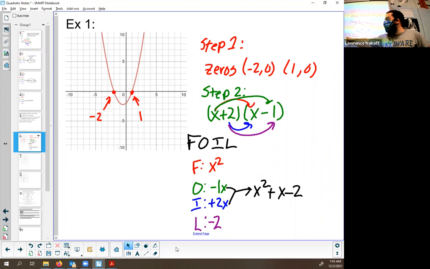So F stands for first, O stands for outer. So the first ones, the outer ones, the inner ones, and then the last one in each parenthesis. So just telling me what order to multiply in. What's the last one? L for last. How you get the 2? 2 times -1.